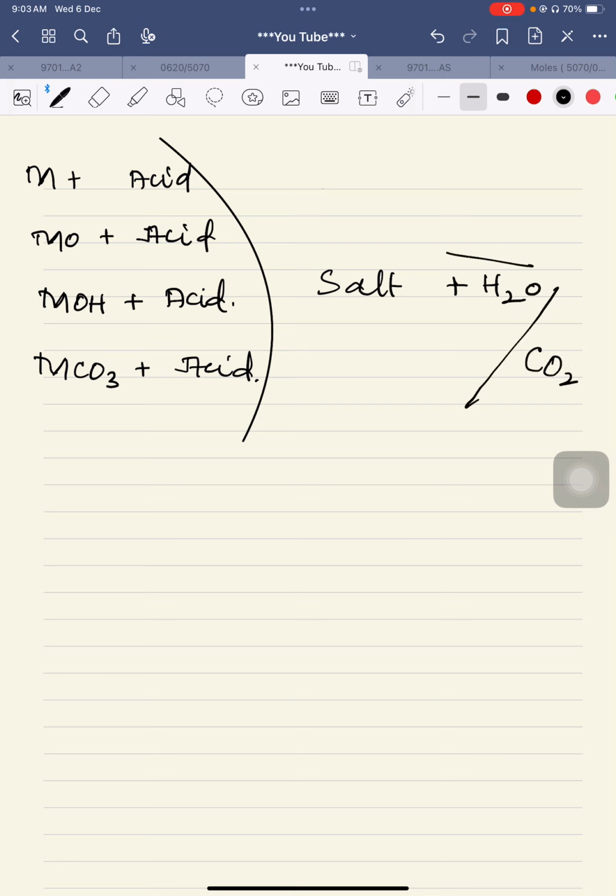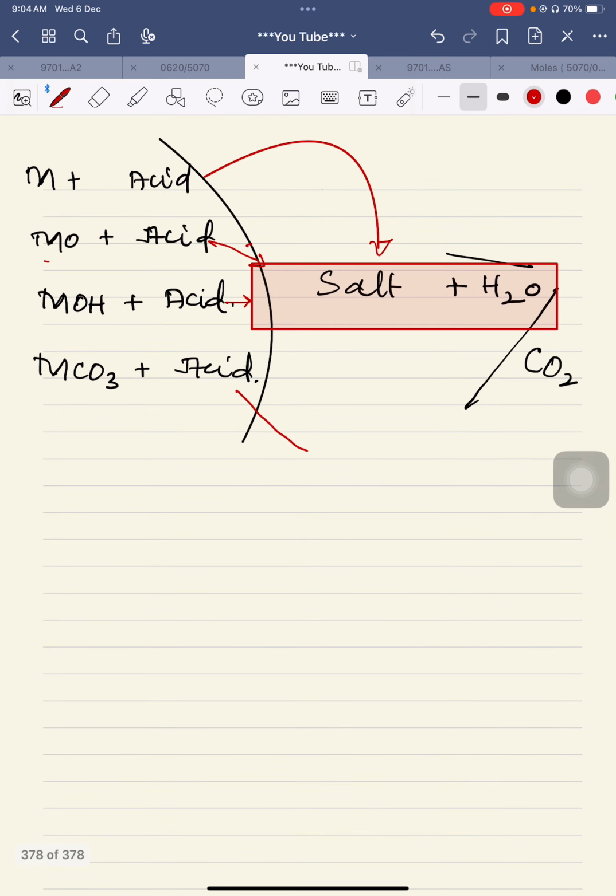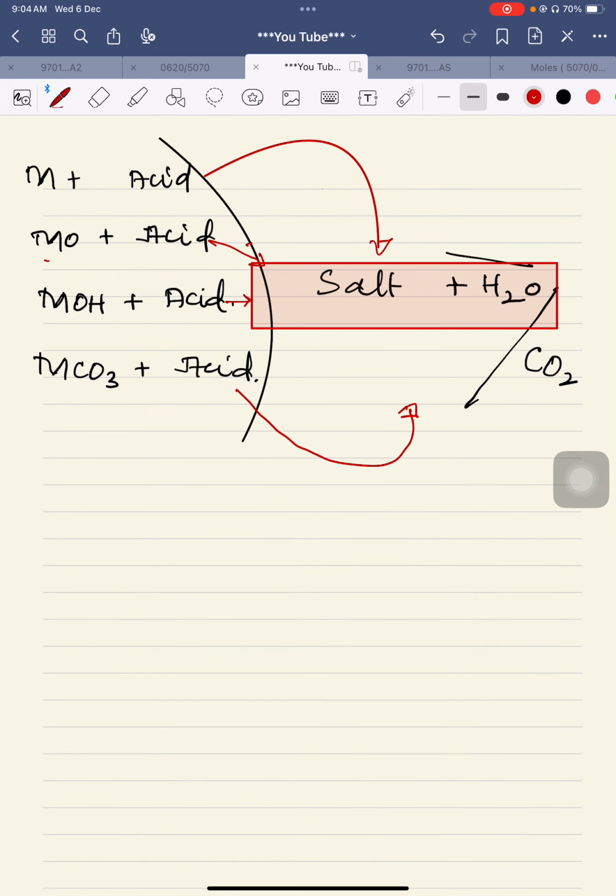How? Let me inform you. If you are reacting metal and acid, then only salt will be the product. If you are reacting metal oxide and acid, then the products will be both salt and water, and the same in case of metal hydroxide. But if you are using metal carbonate and acid, in that case salt, water and carbon dioxide will be the products.